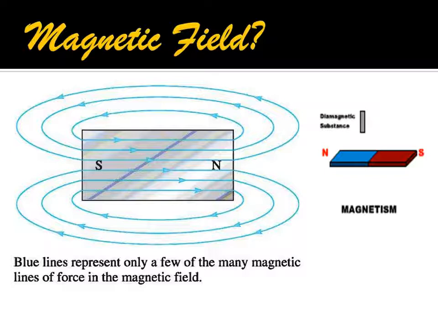On our right hand side we have a magnet. It has a north pole and a south pole, and the blue lines represent the magnetic field. So it has some area covered, and this area covered depends on the size of the magnet, that means the power of the magnet.